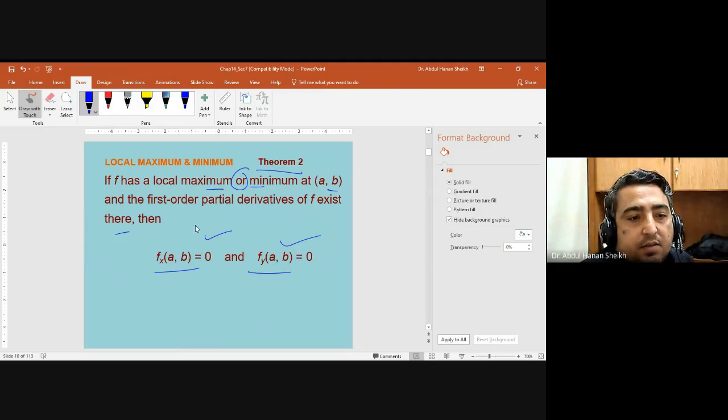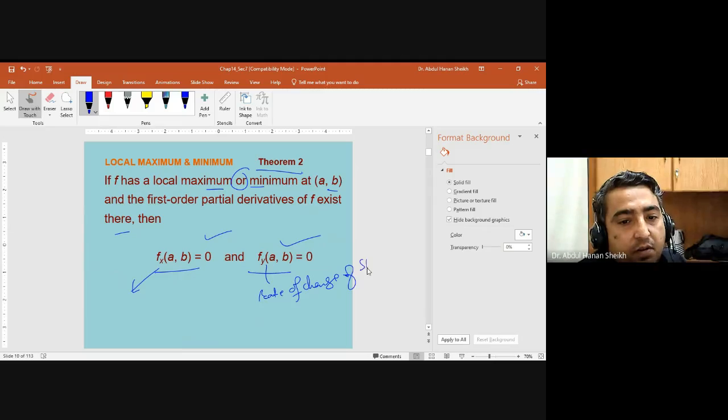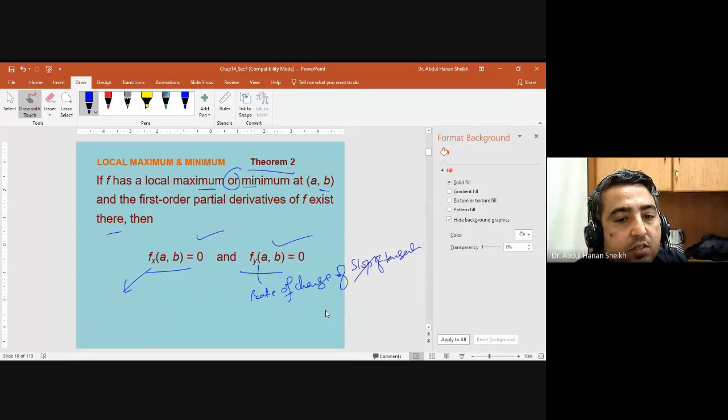Right. Now this is because, if you remember, you have discussed the definition of partial derivative, basically with respect to x. This is the rate of change of slope in the x direction, and this is the rate of change of slope of the tangent in the y direction, right?